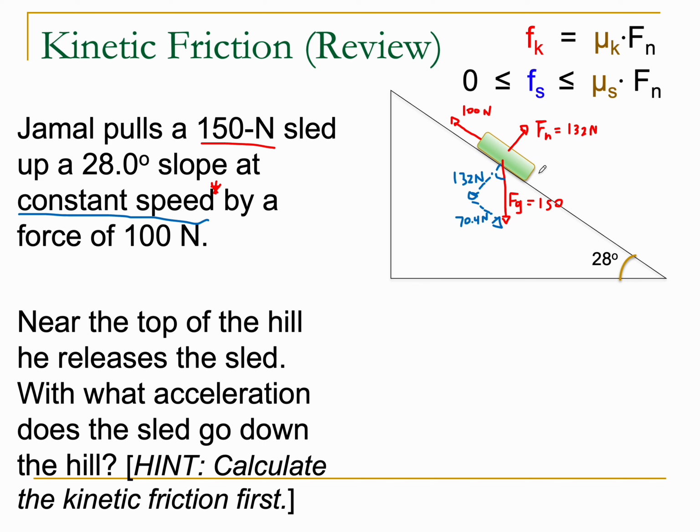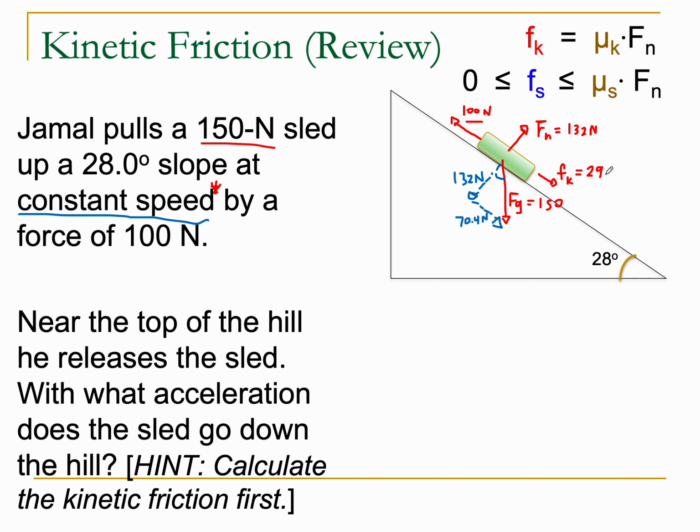We know there's got to be a force of friction acting this way, because right now you've got 100 acting upward, you've got 70.4 going downward. This thing should be accelerating up the slope. There must be a force of friction acting on this thing. What does it have to be equal to? In this case, it has to be equal to 29.6 newtons.